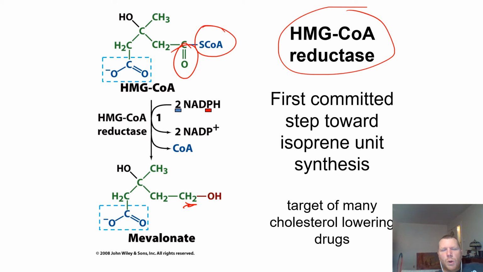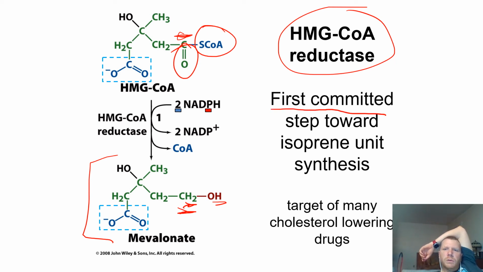And so what we're basically doing is putting 2 hydrogens onto this carbon right here, and then this oxygen becomes an OH out here. And that's going to be the formation of our molecule known as mevalonate. So HMG-CoA reductase is our first committed step toward isoprene unit synthesis.